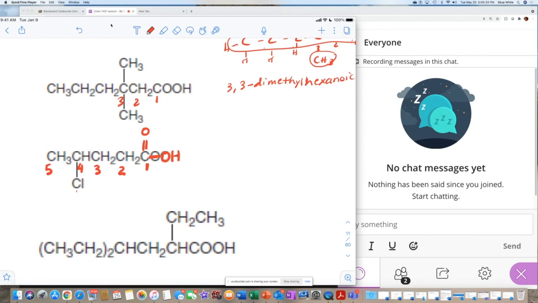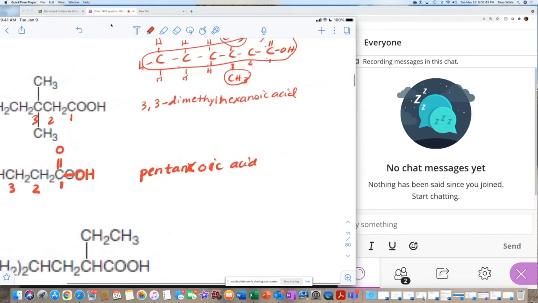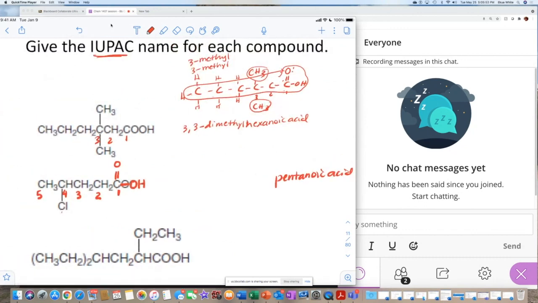With 5 carbons, we have pentane, and we replace the E with oic acid, so pentanoic acid. We have a side group on carbon 4. A chlorine side group is called chloro, so 4-chloro. So 4-chloropentanoic acid.